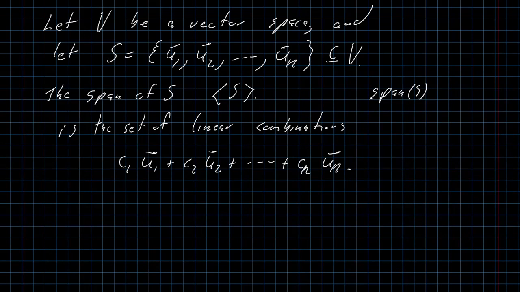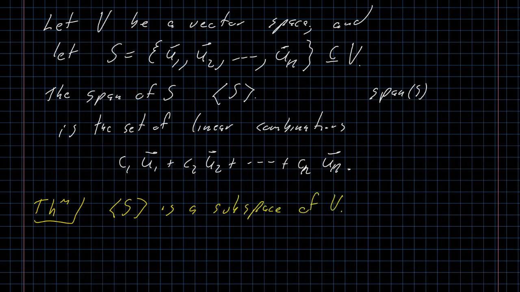And as we showed with the Euclidean vector spaces, in an abstract vector space, the span of a set must be a subspace of the original vector space. You can take a linear combination and set all the constants equal to 0 to get the 0 vector.